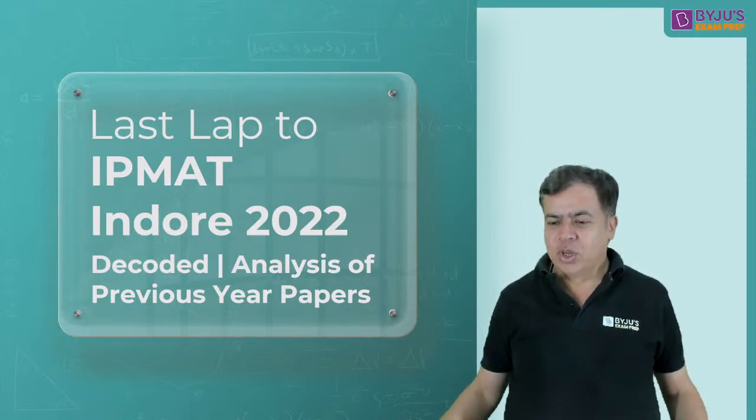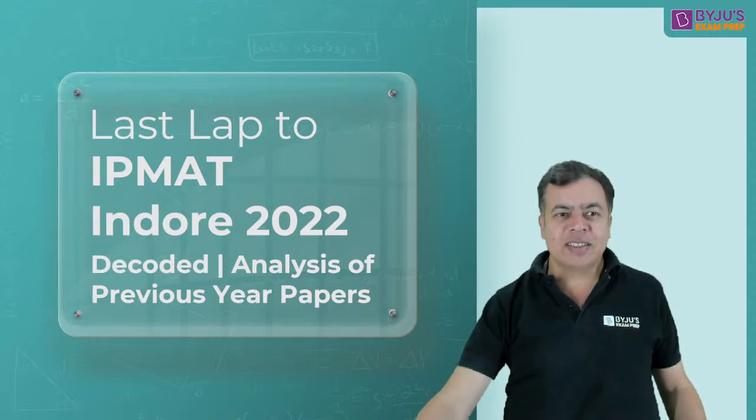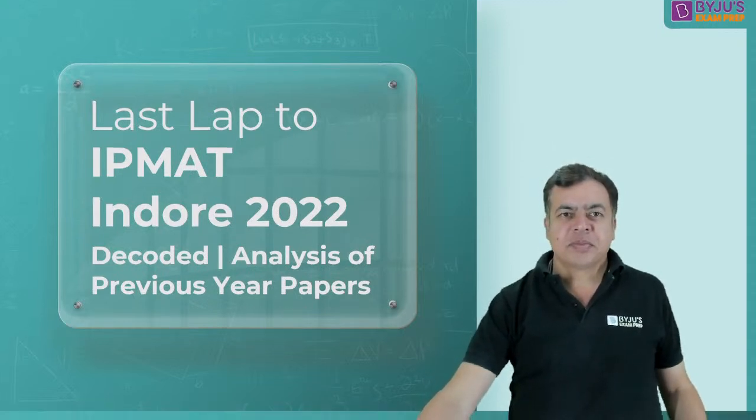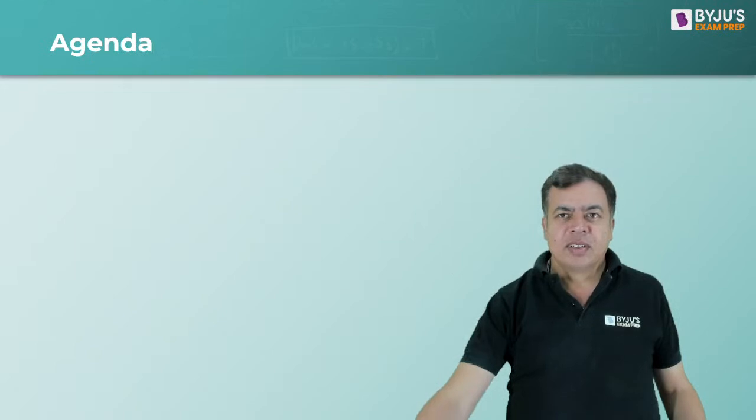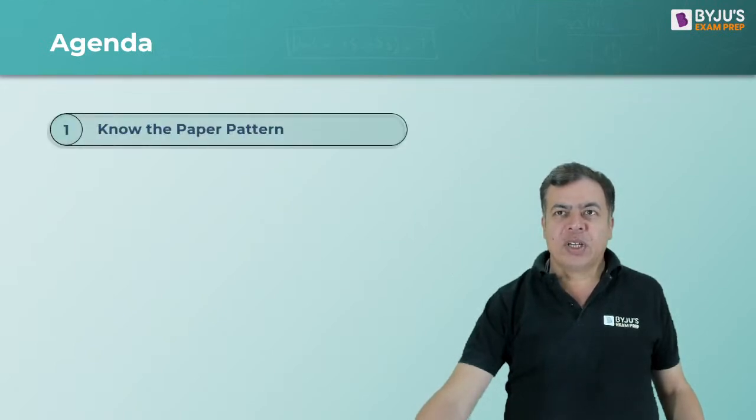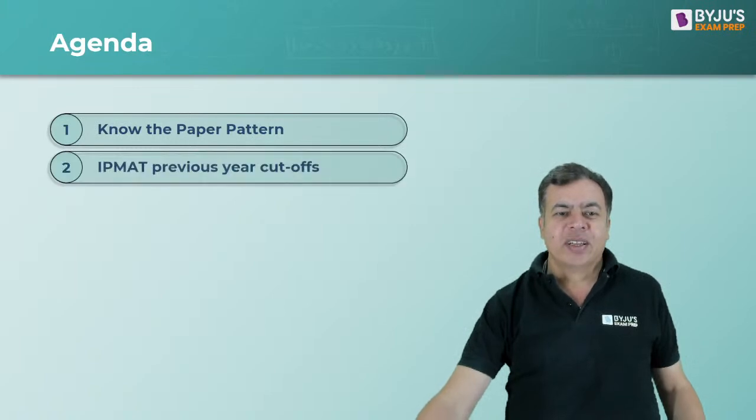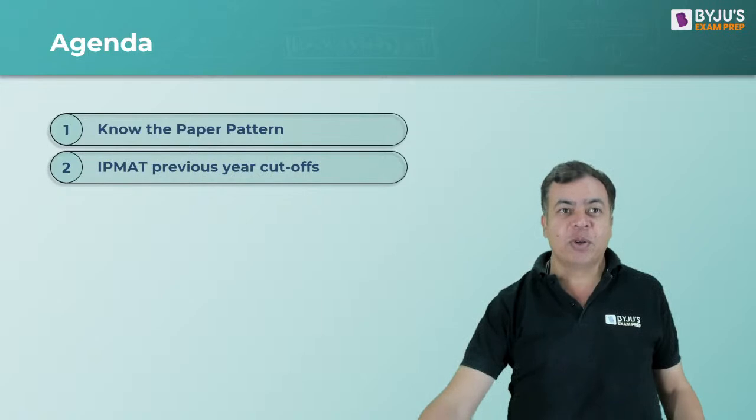Okay, so let's start with the analysis. First, the agenda of this session is knowing the paper pattern. You must be knowing that, right? I will just revise it for you. Then IPMAT previous year cutoffs. Many of you must be knowing this also, right? This is very necessary to understand how I should attempt the exam.